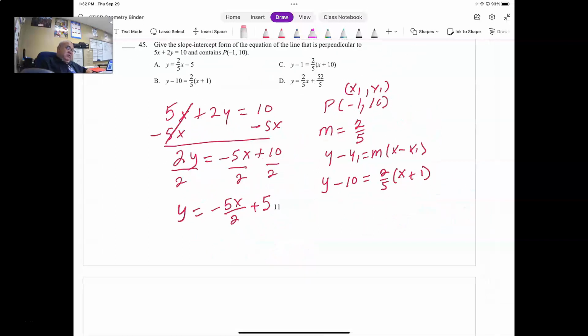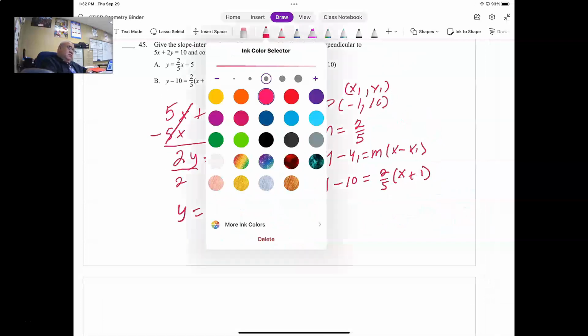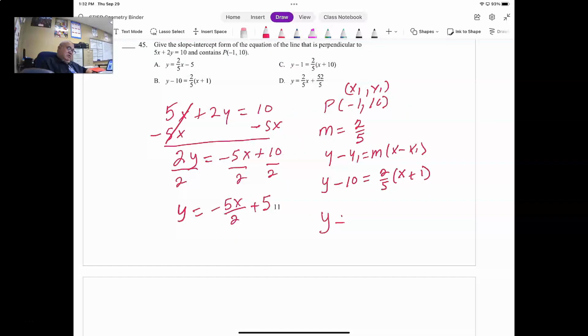So you have y minus 10 equals 2x over 5 plus 2 fifths. So it wouldn't be B, it wouldn't be C, so it's between A and D.